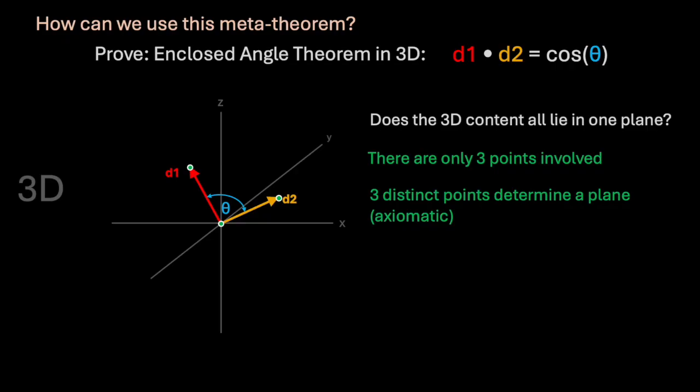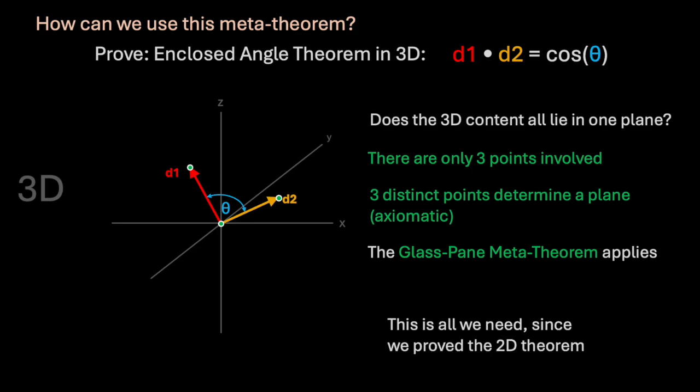We know it generates a plane, or determines a plane, because that's an axiom of 3D geometry. And so the glass-pane meta-theorem applies since all the content is in that one plane. And this is all we need since we had already proven the 2D theorem. So this is now done for 3D.